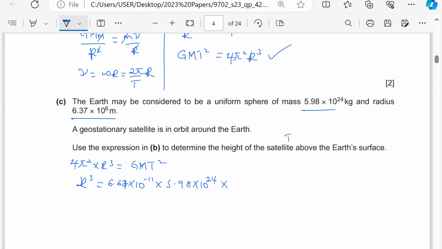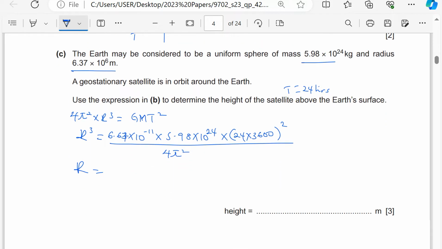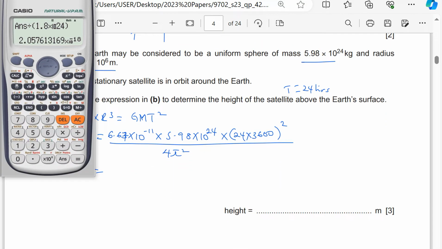The period is 24 hours because that is the time taken for one revolution around the Earth. So the period is going to be 24 times 3,600 to change it to seconds. But remember, this is squared. So I will divide this by 4 pi squared. So I'm going to find r. I'll first divide this, then I get the cube root.